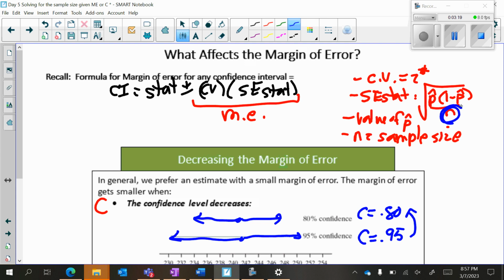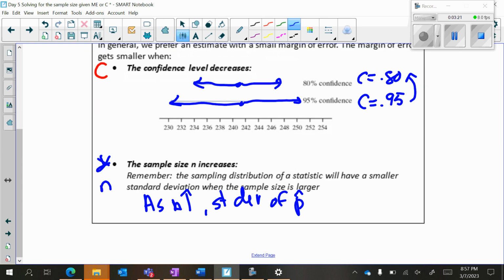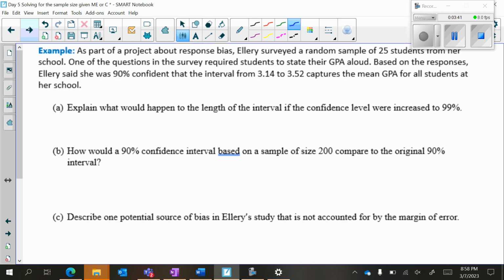If you increase the sample size, you're increasing the denominator, and if you increase the denominator, you are decreasing the overall value of the fraction. So as you increase the sample size, the margin of error will decrease, and it will become a narrower, or skinnier, interval. These are the things that we need to know moving forward.